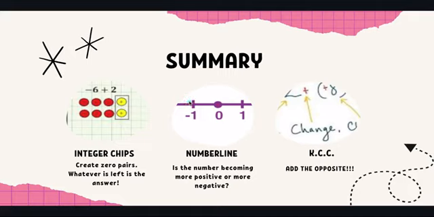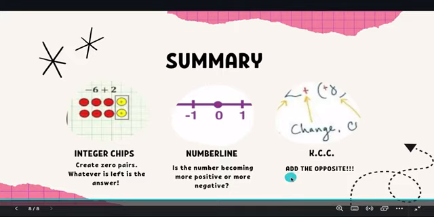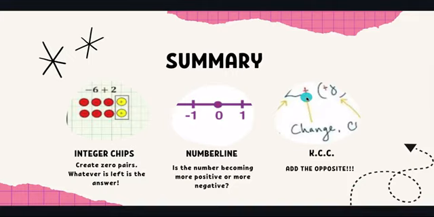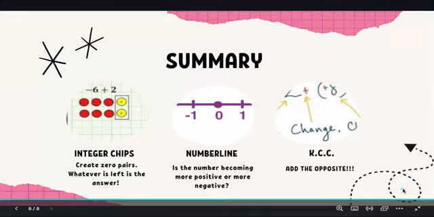If you're adding positive energy, you start at the first number and add positive energy, and the number gets more positive. Lastly, add the opposite. You keep the first number the same, you change the subtraction to an addition sign, and then if the number is negative, you change it to positive. If it's positive, you change it to negative, and then you combine them. So then you go back to your integer chips.